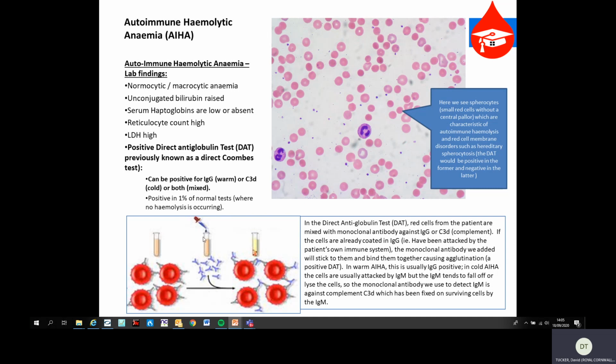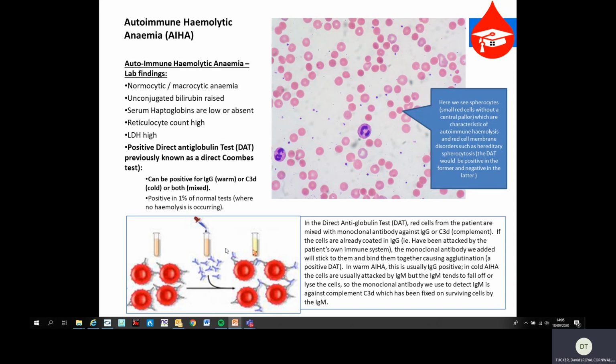So the antibody is added to the cells, and then if there is IgG, let's say, for example, stuck to those red blood cells, the antibody that we've added will cross-link the IgG with other cells and cause the sample to agglutinate. Sorry, not hemolyze, agglutinate, and that is a positive result. So if there's agglutination after you've added the antibody, that is a positive result.